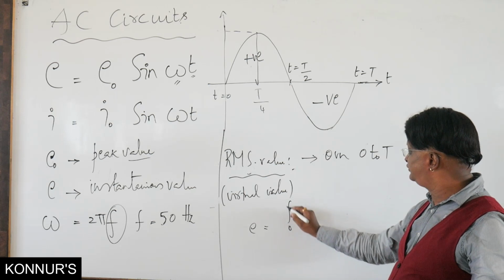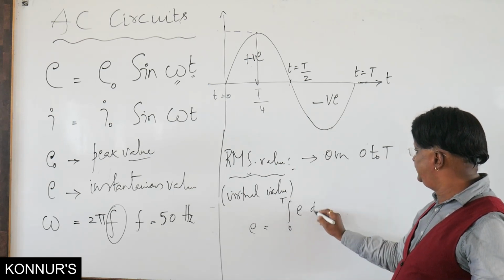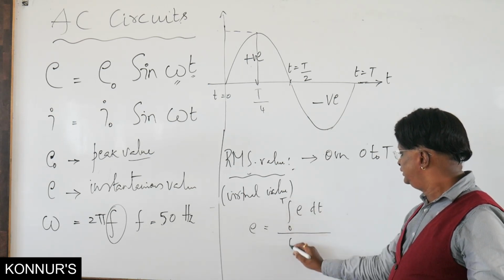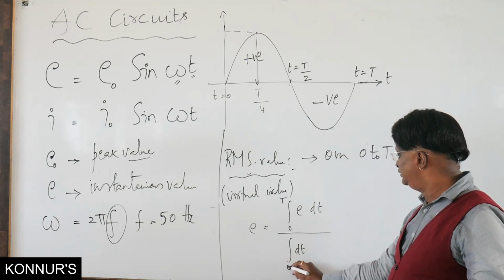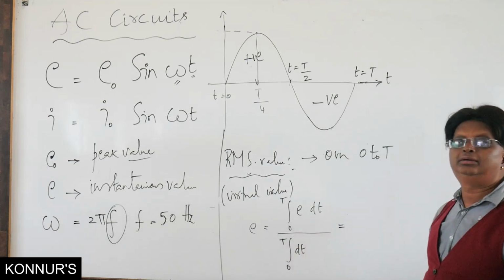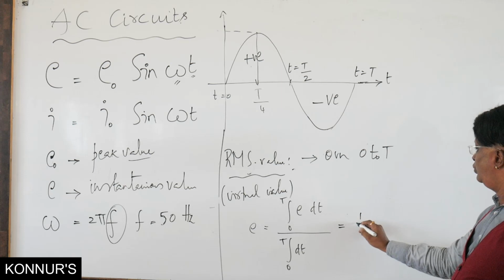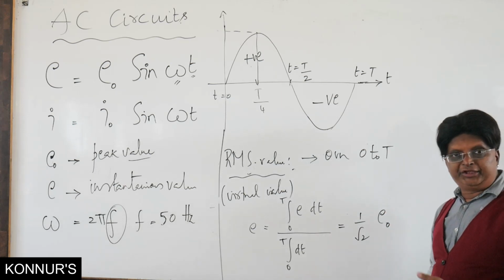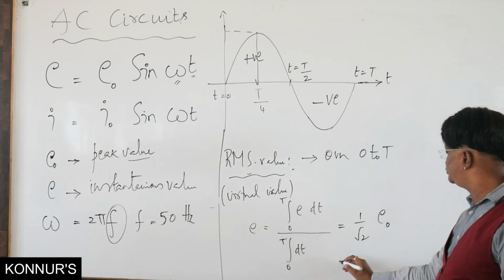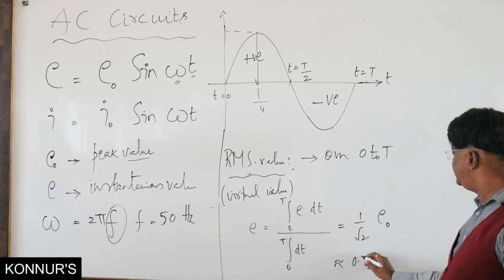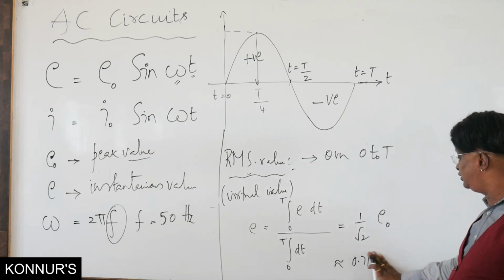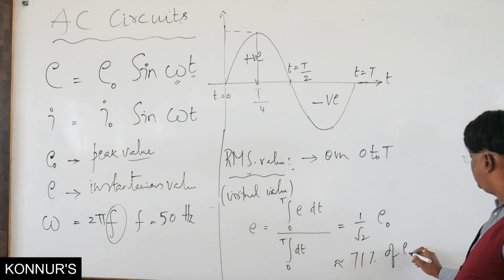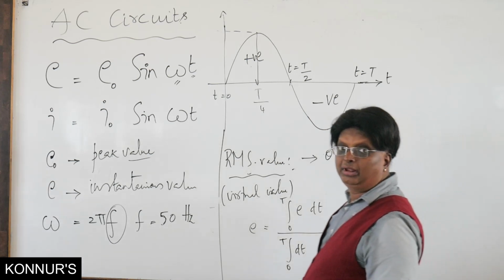It is the square root of the integral of E squared dt from 0 to T divided by the integral of dt from 0 to capital T, and the evaluation gives 1 by root 2 times E naught, which is nearly 0.71 times E naught. That is, 71% of the peak value is what is referred to as RMS value.